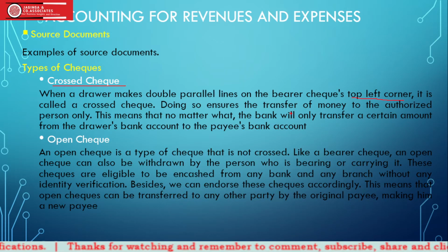Doing so ensures that the transfer of money is to the authorized person only. This means that no matter what, the money will only be transferred from the drawer's bank account to the payee's bank account. So that is the explanation of a closed check.